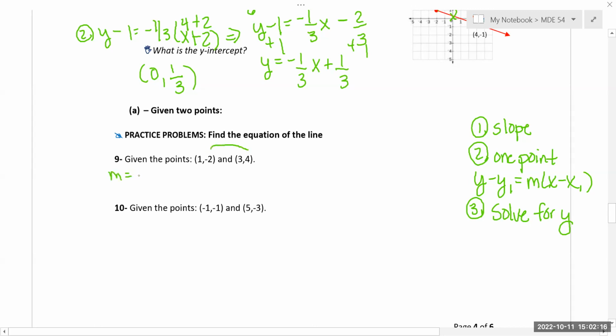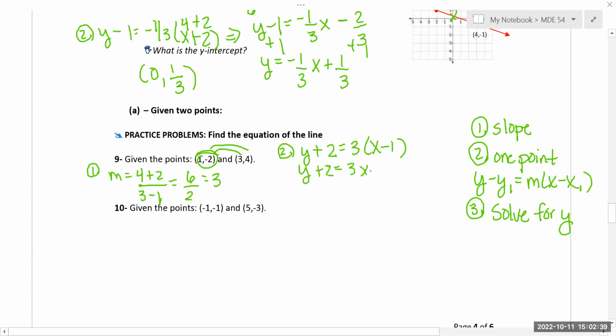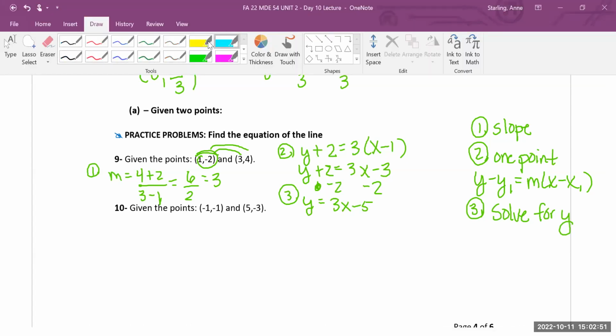So m is 4 minus 2 over 3 minus 1. 6/2 is 3. I'm going to just pick this first point: y minus y1 equals 3 times (x minus 1). And then I've got that answer.